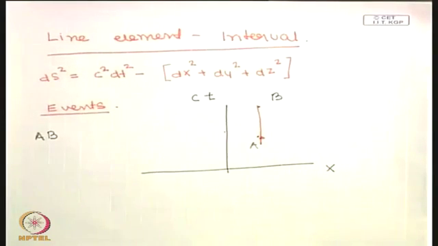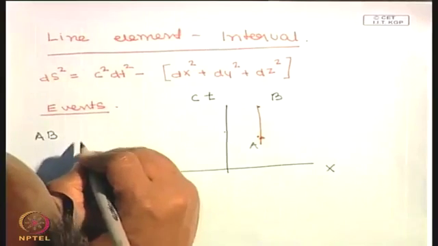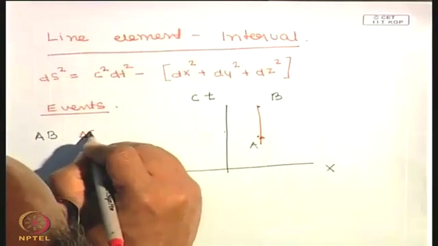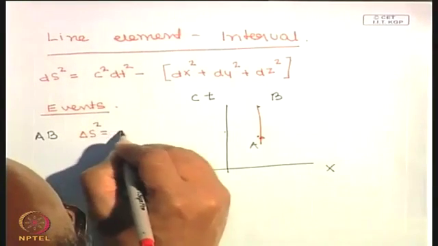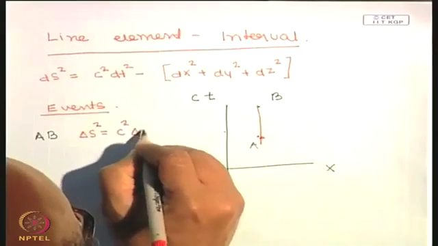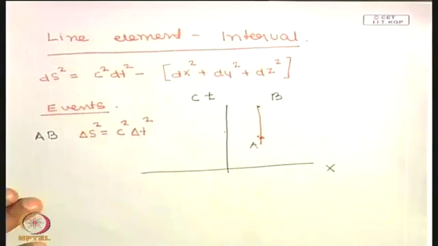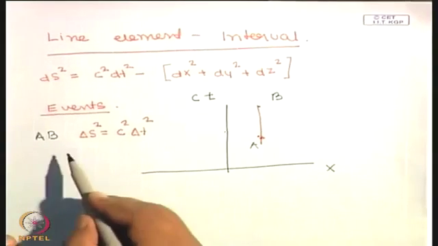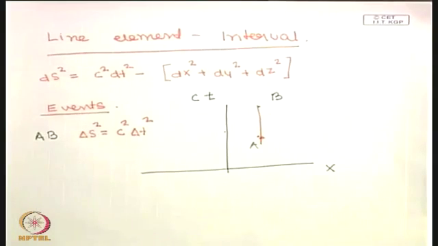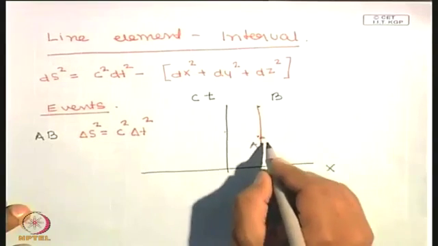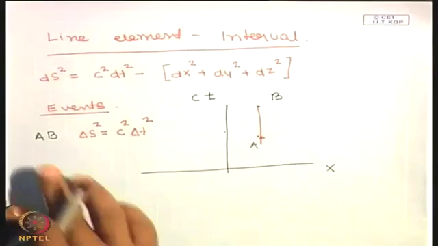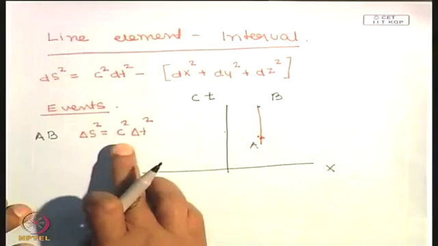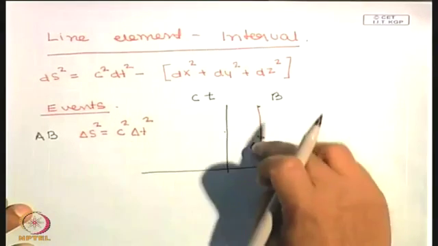So, for these two events the interval delta S square is equal to c square delta t square. Okay. Such events are said to be time like. And the delta S square is essentially c square into the time interval between these two events.